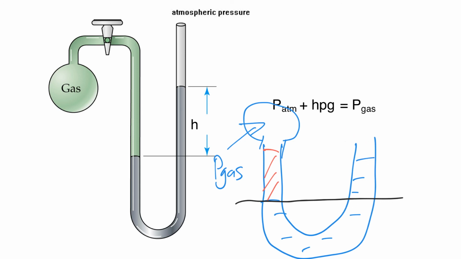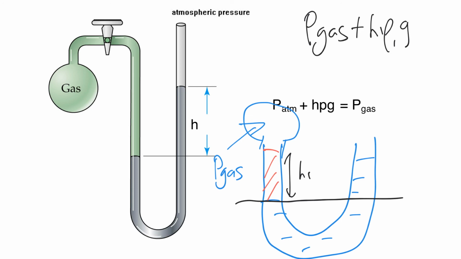So you can write the equation as the pressure of the gas, which is on top, plus, let's give this height as h1, plus h1 rho 1 g, because let's say this is oil, must be equal to the right hand side. What is on the right hand side? Atmospheric pressure, plus, let's say this height here is h2, plus h2 rho 2 g. So that's it. It's a very straightforward formula. Okay?